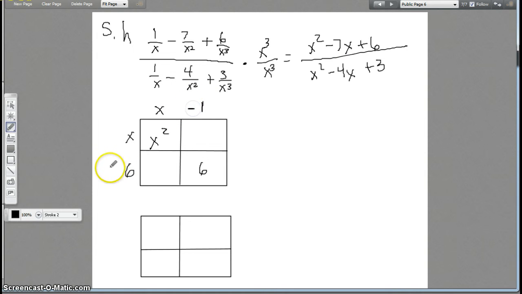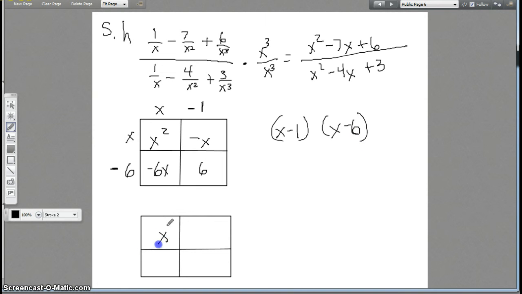They both need to be negative because they need to add to a negative 7x and multiply to a positive 6. So we have negative x here, negative 6x there. This makes x squared minus 7x plus 6. It does work out to what we have, so we know that it's done properly. So our numerator is going to be x minus 1 times x minus 6.